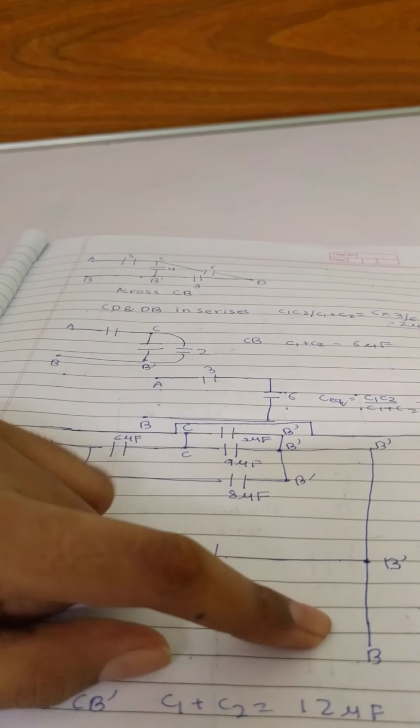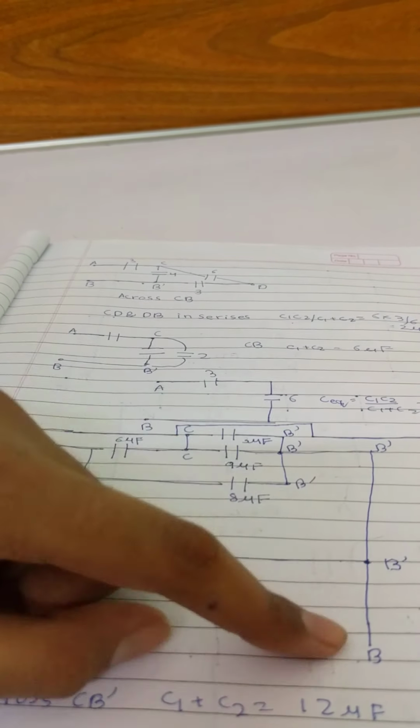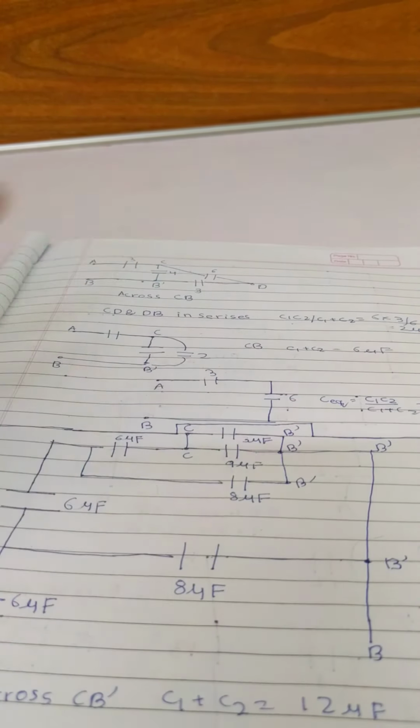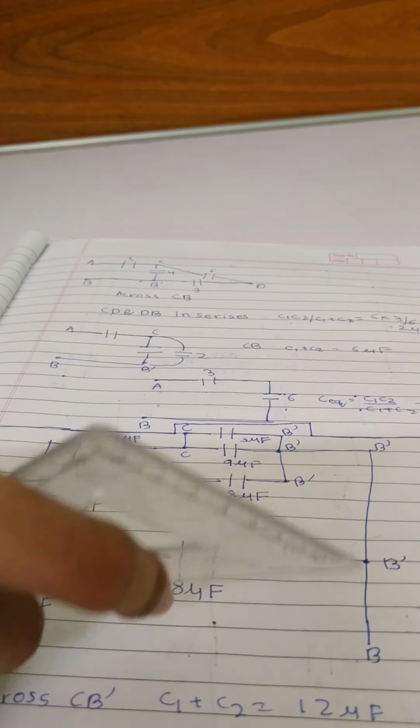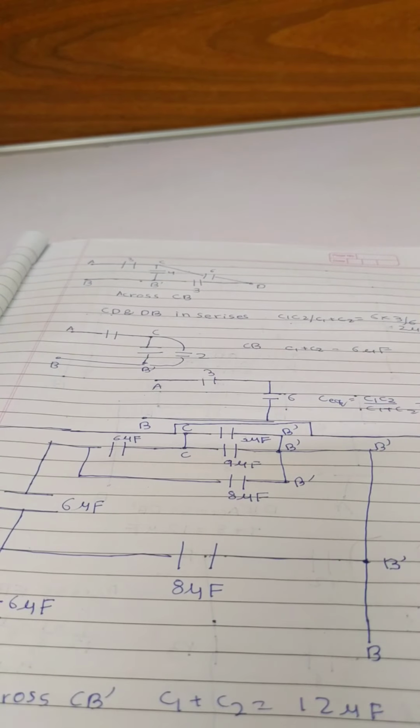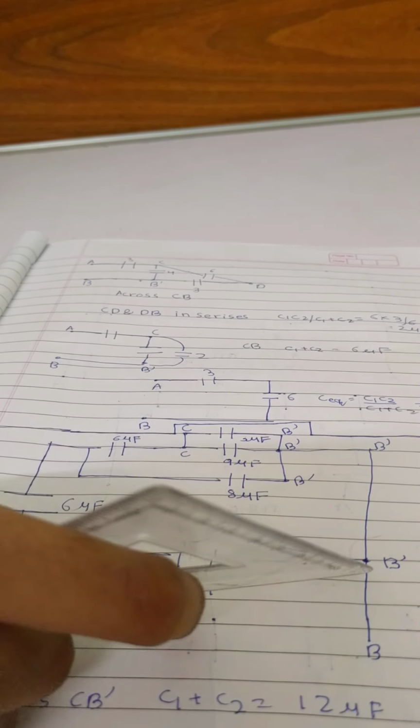There's no capacitor in this line, no resistor, no battery, no bulb, nothing. So this B, I can shift it here and write it as B dash. I can write B dash here because there is nothing here.